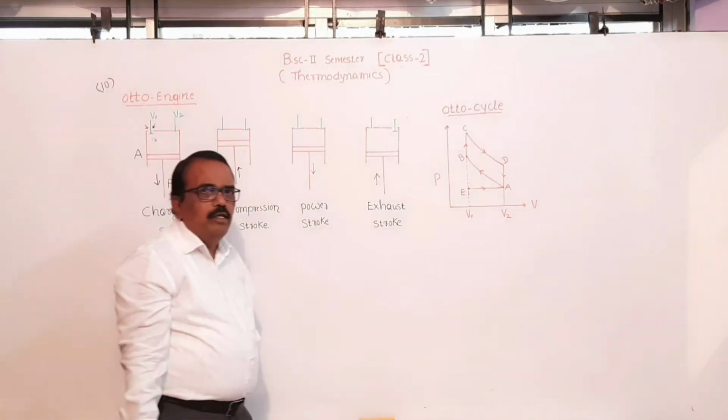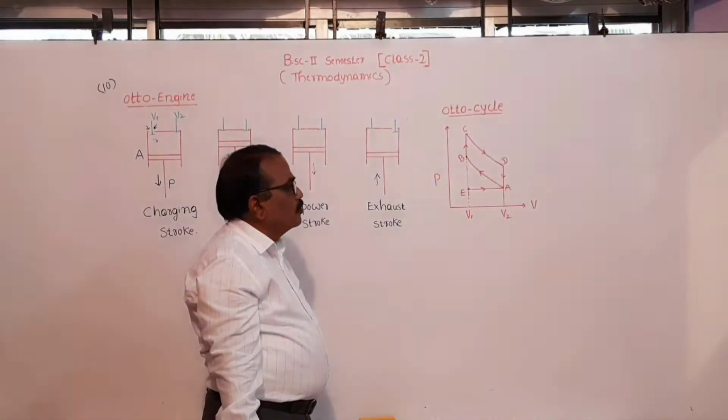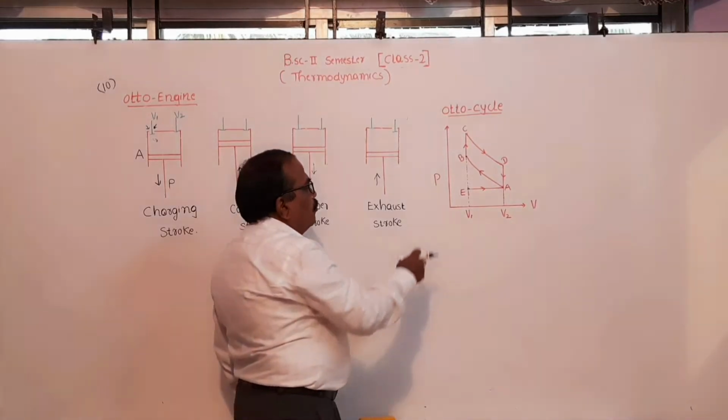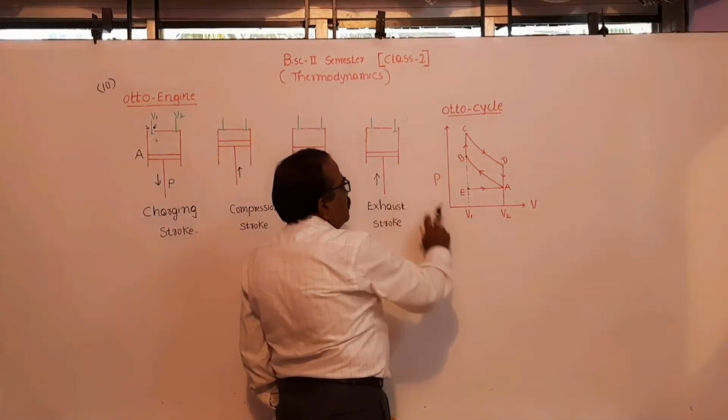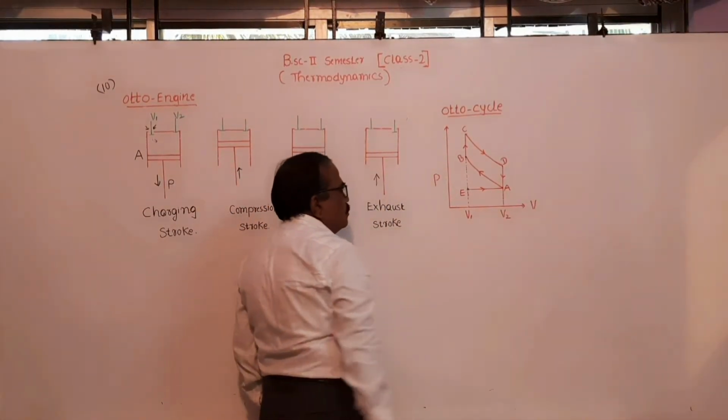Next we have to study how this Otto cycle works. Along the y-axis it is pressure, along the x-axis volume changes.